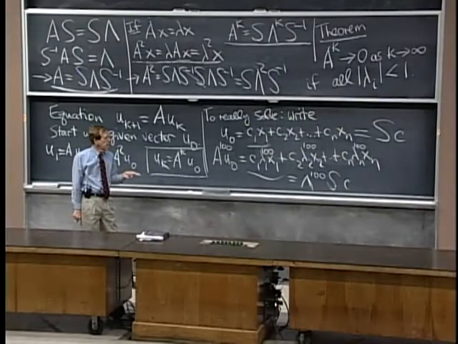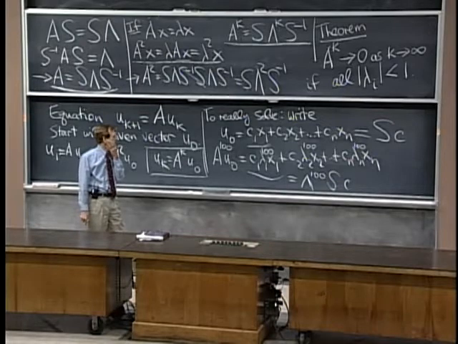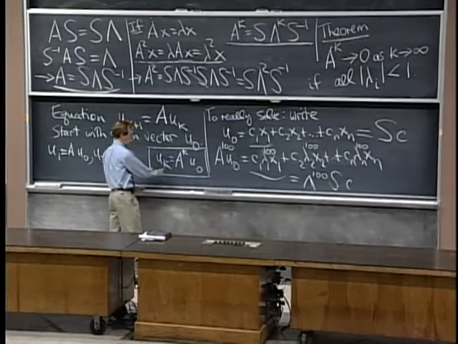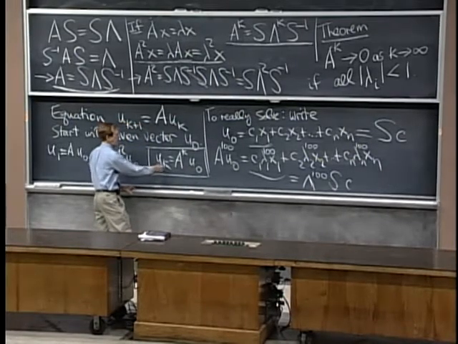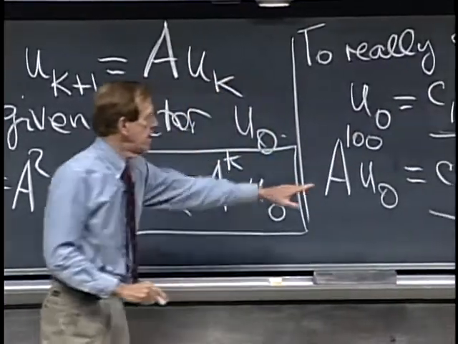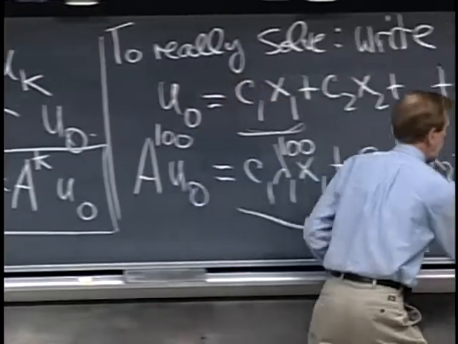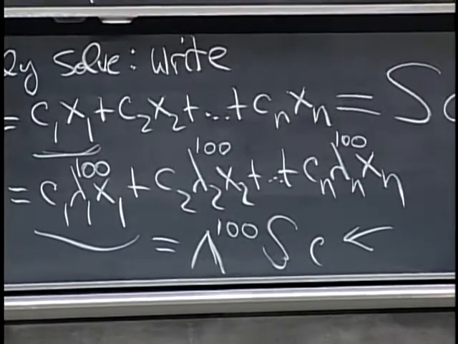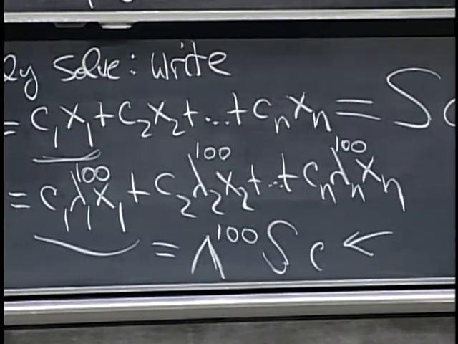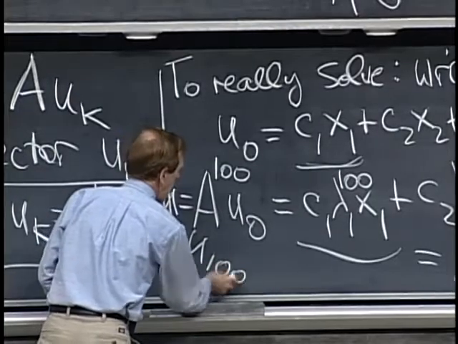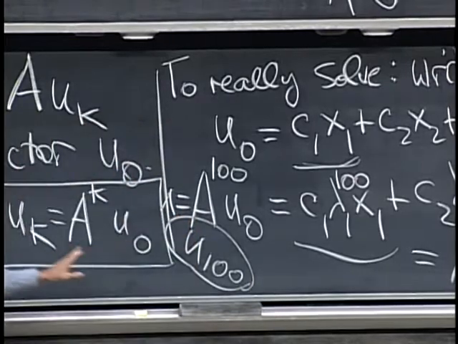Okay. So if u100 is A to the 100th times u naught, and u naught is Sc, then you see this formula is just this formula, which is the way I would actually get hold of u100, to see what the solution is after 100 steps.